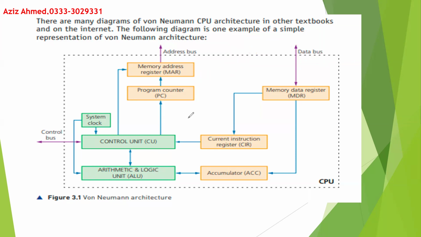Now here it says, whenever the computer picks an instruction from memory, the first operation starts with the program counter. The program counter points to the next instruction to be fetched by the CPU. The current instruction, on which the CPU is working, is always held by CIR. An instruction will have its address.